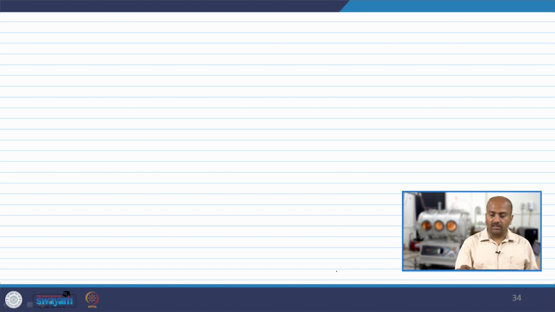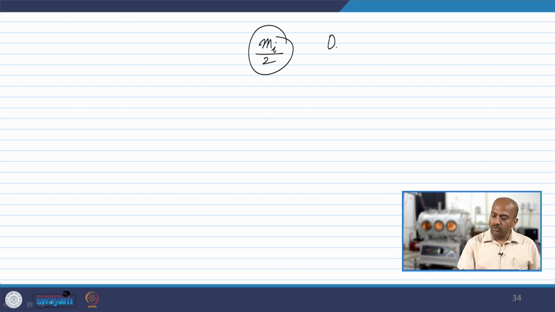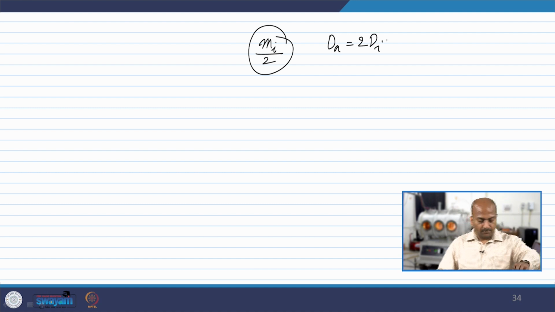So, these two factors are important. Mi by 2 is going to be the mass of electron, and the diffusion coefficient is twice the diffusion coefficient of ion. So, the effect of the ambipolar electric field is to increase the diffusion of ions by a factor of 2. That is how they will start moving with the same velocity.